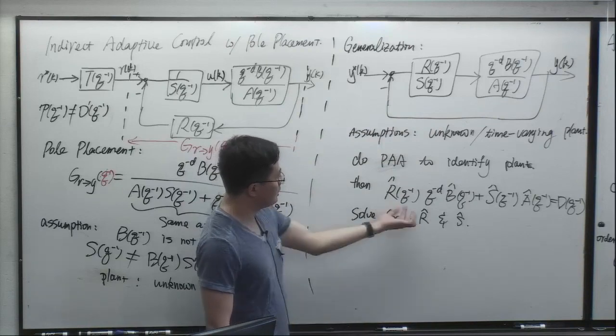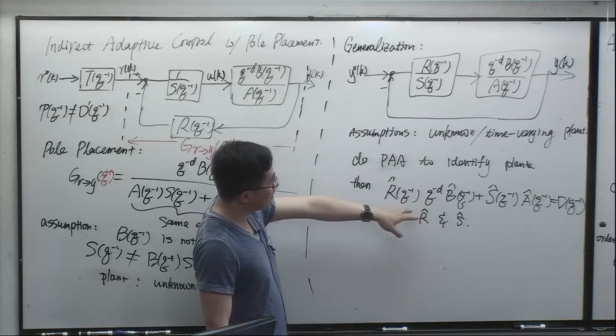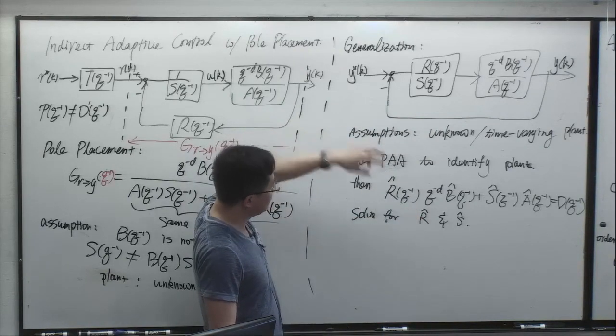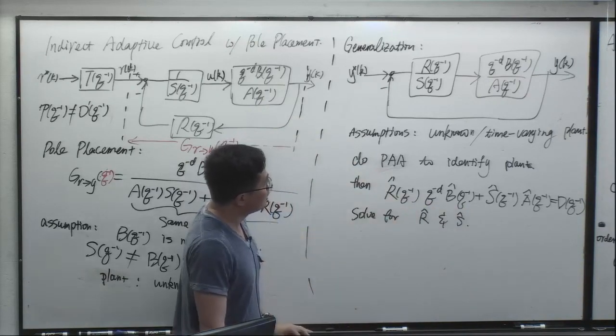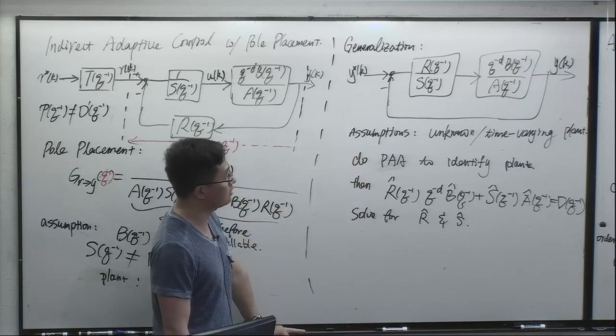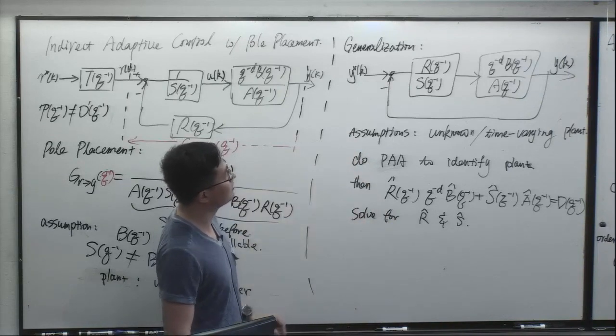All right, so this is for pole placement. There can be other types of algorithms for designing R and S, but the scheme is pretty general for any type of indirect adaptive controls.